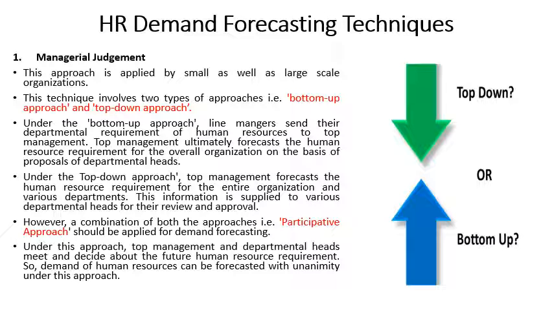And only top down is also not possible, because top managers don't know the exact requirement of each department. So what companies always do is use a combination of both approaches, top down and bottom up, and that is called the participative approach, in which top management and each departmental manager sit together and decide the proper estimation of human resource. So this is called the managerial judgment method.